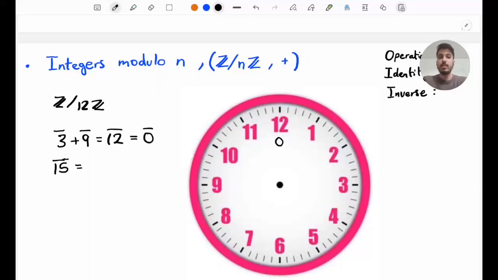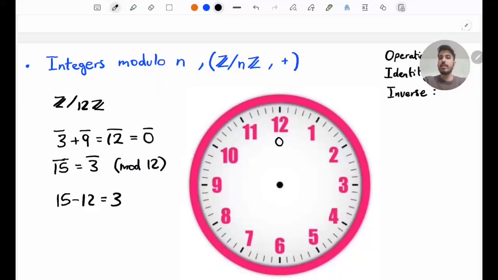So 15 minus 12 gives 3, and 3 is the smallest number there is in this universe. So 15 is congruent to 3. This is modulo 12.